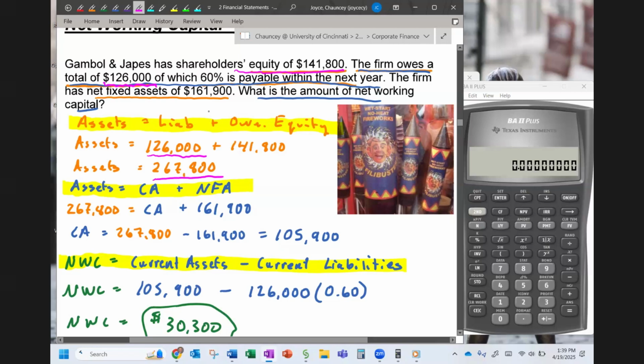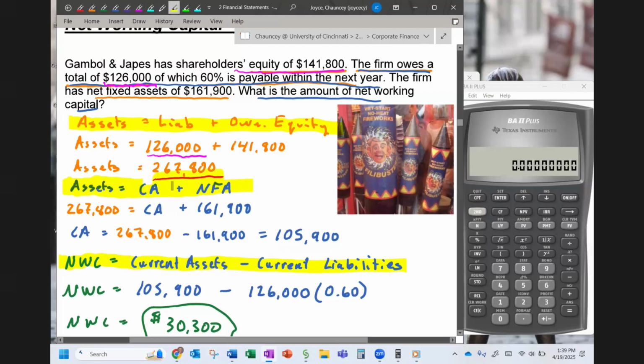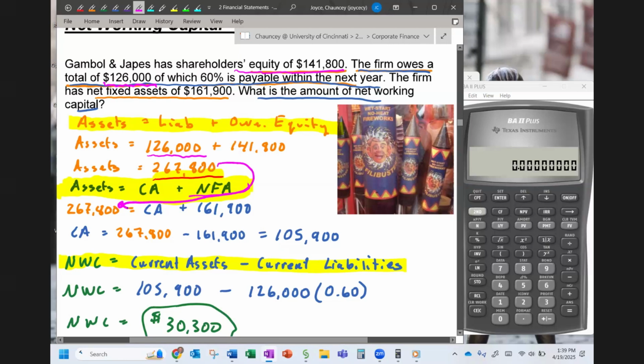We're going to use the next identity, that assets equal current assets, I'll just put CA for current assets, plus net fixed assets, or NFA. So our total assets, the number we just calculated, 267,800, equals your current assets plus the net fixed assets, which was given in the question as 161,900.